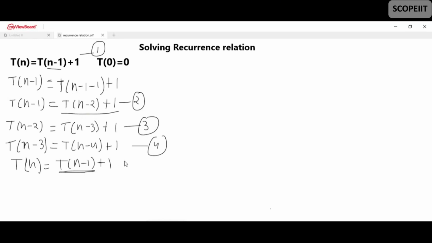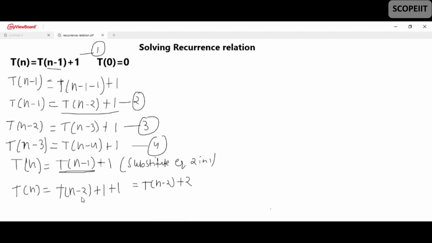That is what we call substituting equation 2 in 1. Now it will become T of n is equal to T of n minus 2 plus 1, and this plus 1 as it is. So it is nothing but T of n minus 2 plus 2.